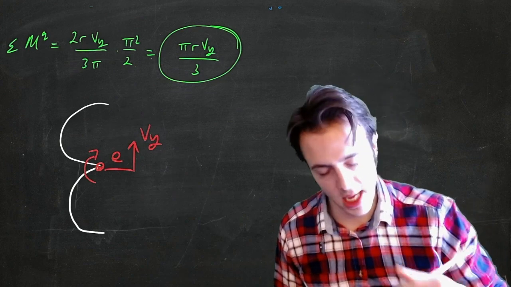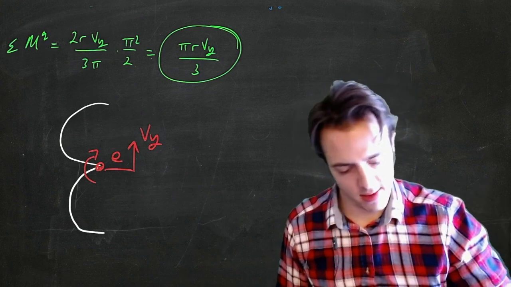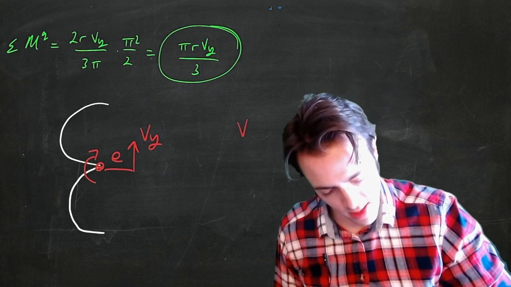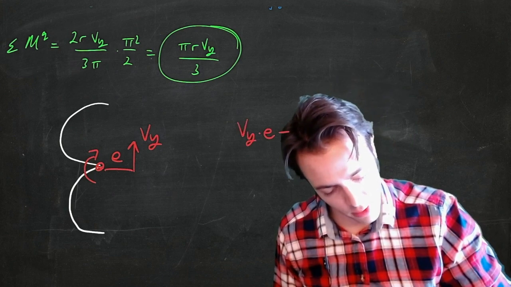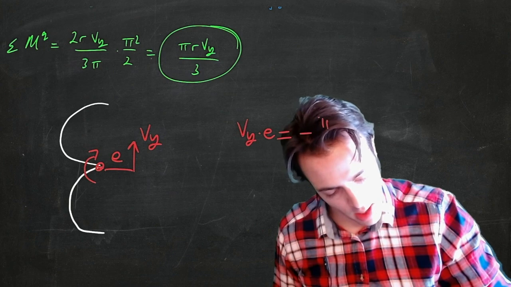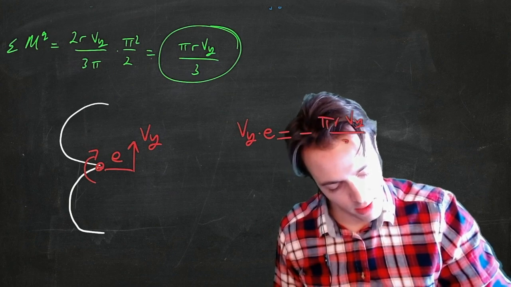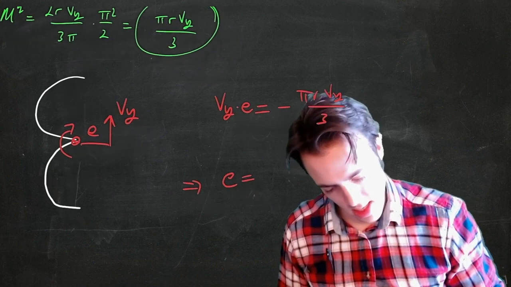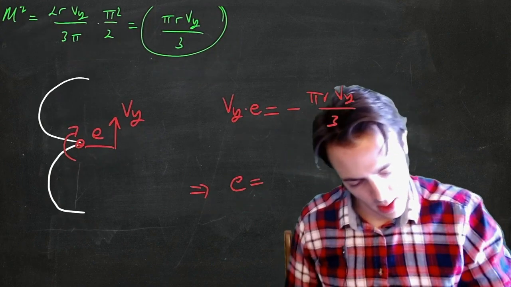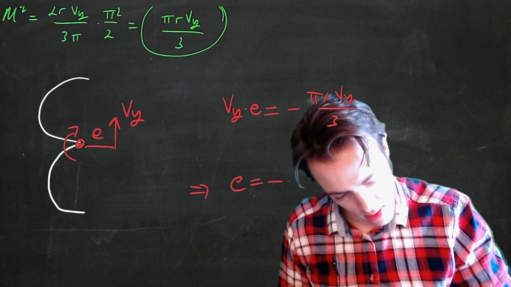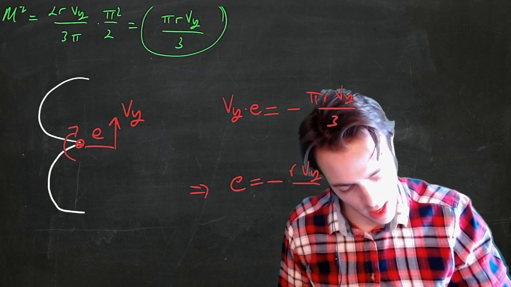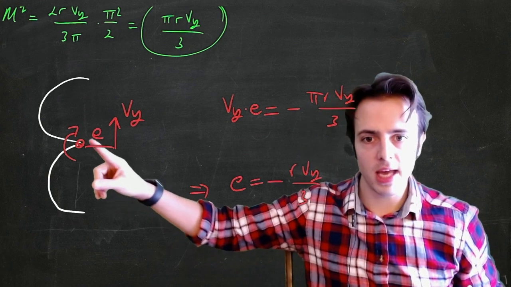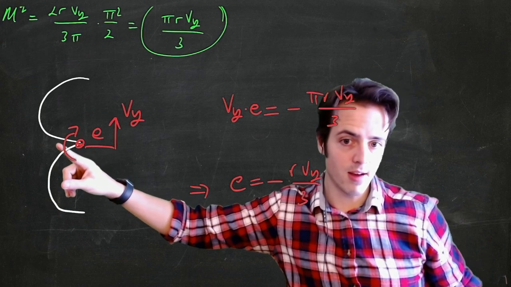So for those to be equal, I would have to have Vy multiplied by e is equal to minus pi r Vy on 3. So e is equal to minus pi r on 3.